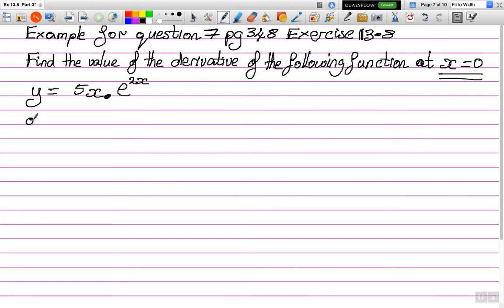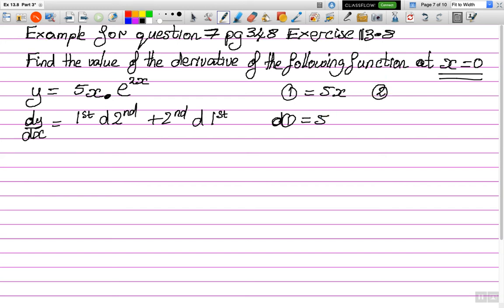So we've now got, for the product rule, dy dx, you should have learnt this by now, is the first function times the differential of the second function plus the second function times the differential of the first function.